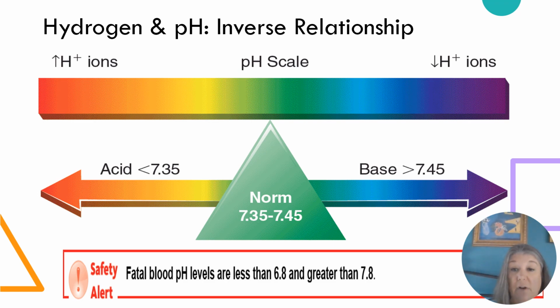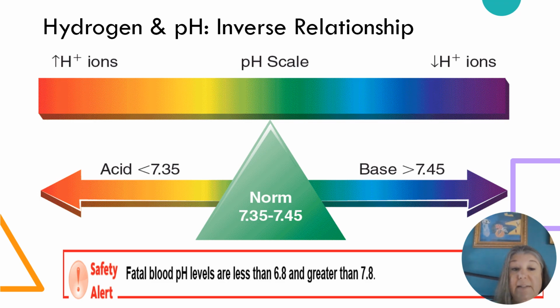Body fluids are further classified as acids or bases according to the hydrogen ion concentration. Hydrogen ion concentration of body fluids is vital to acid-base balance. Hydrogen ion concentration is measured in terms of pH. The pH numerical value is inversely proportional to the number of hydrogen ions in the body fluid.